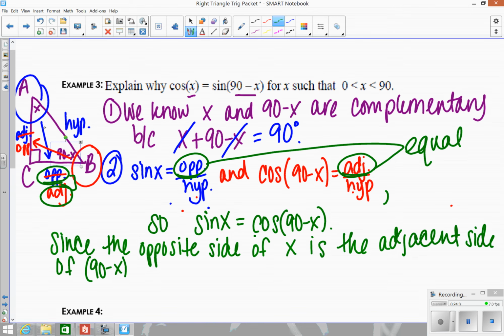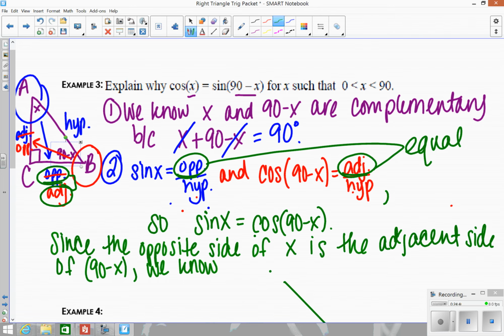Since the opposite side of x is the adjacent of 90 minus x, we know that they are equal.